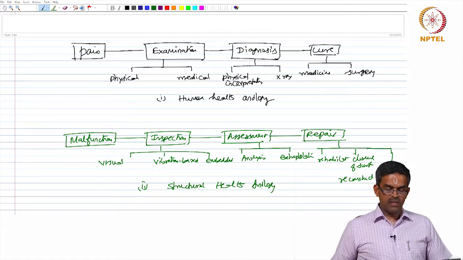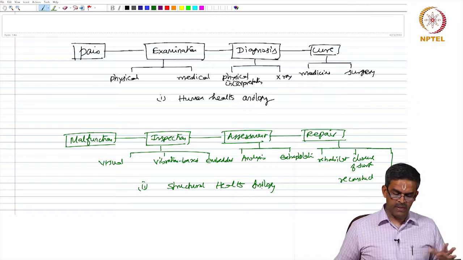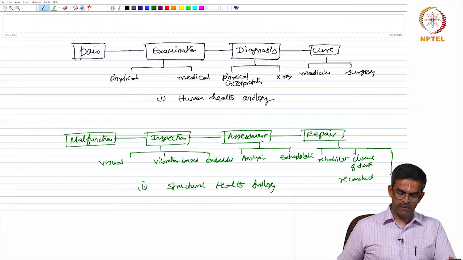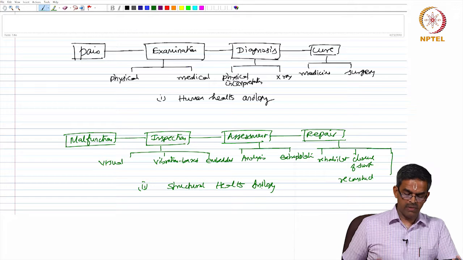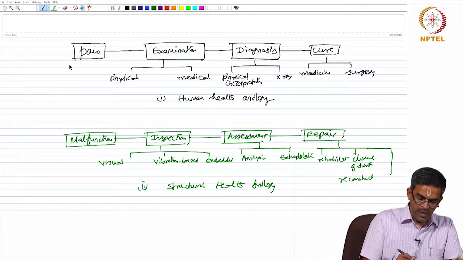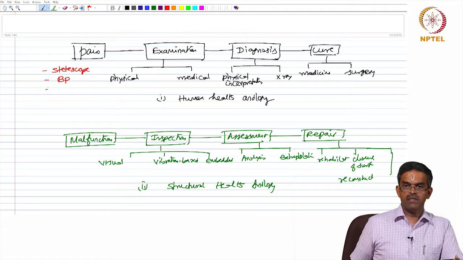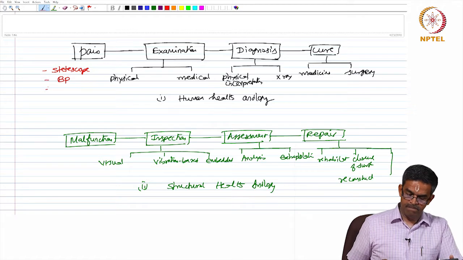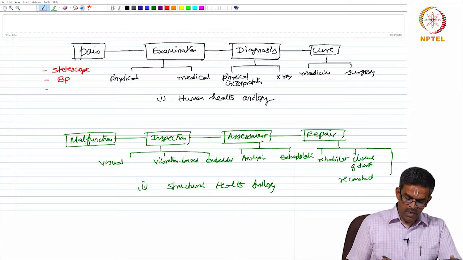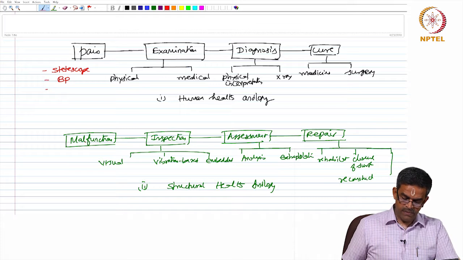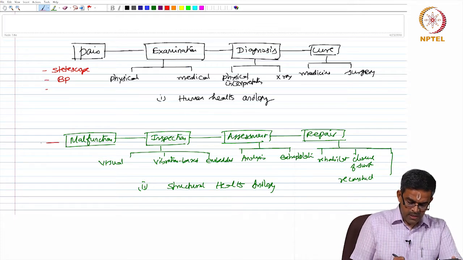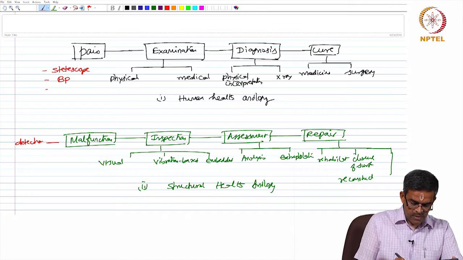So, friends, let us ask a question, where do we actually need sensors? For detecting the pain, you need a sensor. For example, let us say we need a stethoscope, we may need a BP blood pressure machine, etc. So, similarly for identifying the malfunction, we need certain detection mechanisms to show that there is a malfunction.